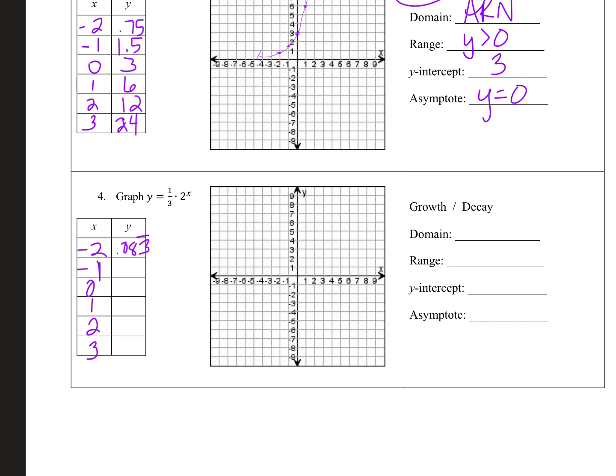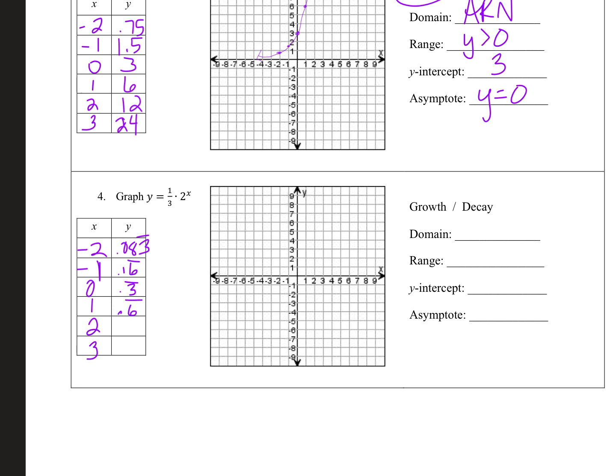However, 1/3 times 2 to the -1 gives us 0.16, and the 6 repeats. And 1/3 times 2 to the 0 gives us 0.3 repeating. And 1/3 times 2 to the first power gives us 0.6 repeating.